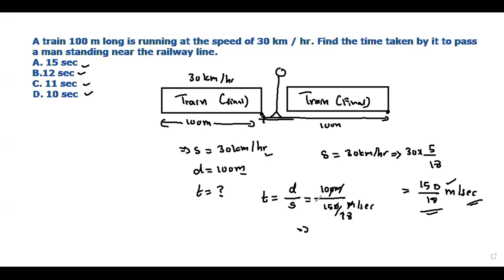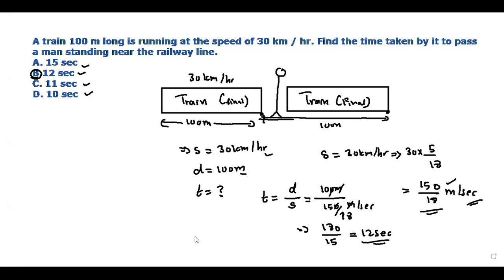You bring this up: 100 times 18 is 1800, divided by 150, which will give us 12 seconds. All right. Now the answer is 12 seconds.